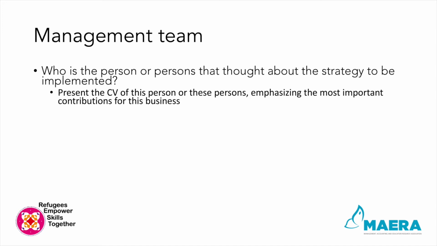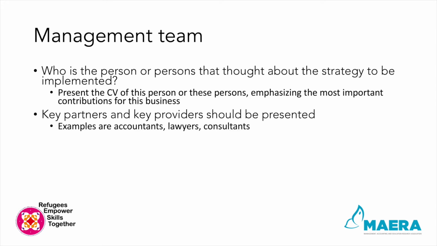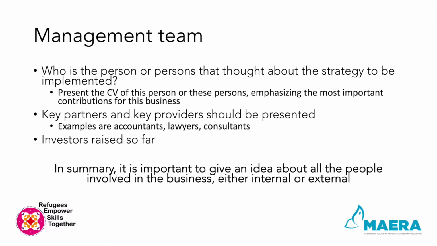We also need to present the key partners and key providers. Some examples are accountants, lawyers, consultants. And finally, it is important to present the investors brought up so far. In summary, it is very important to give an idea about all the people involved in the business, either internal or external.